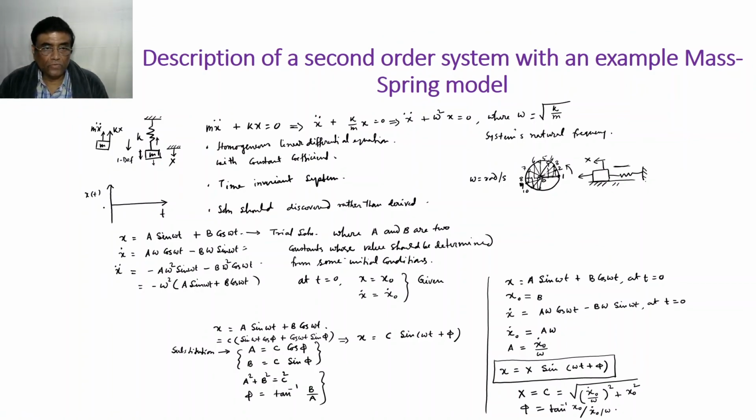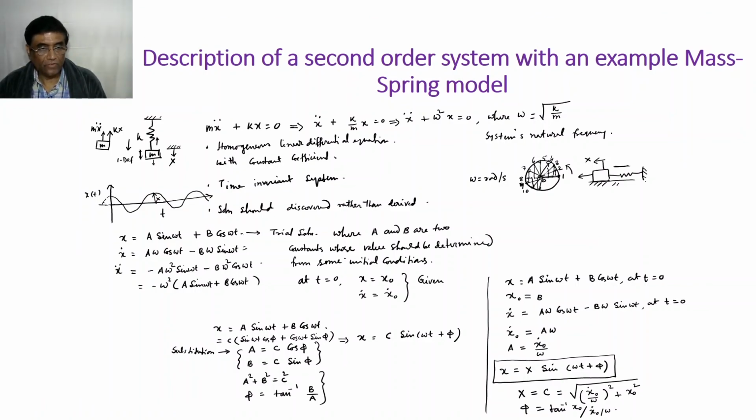So if I try to draw now, you can see phi is the phase angle. That means it has some phase, so it will go on oscillating like this. Okay. So you see, it is the amplitude of oscillation, which is x.